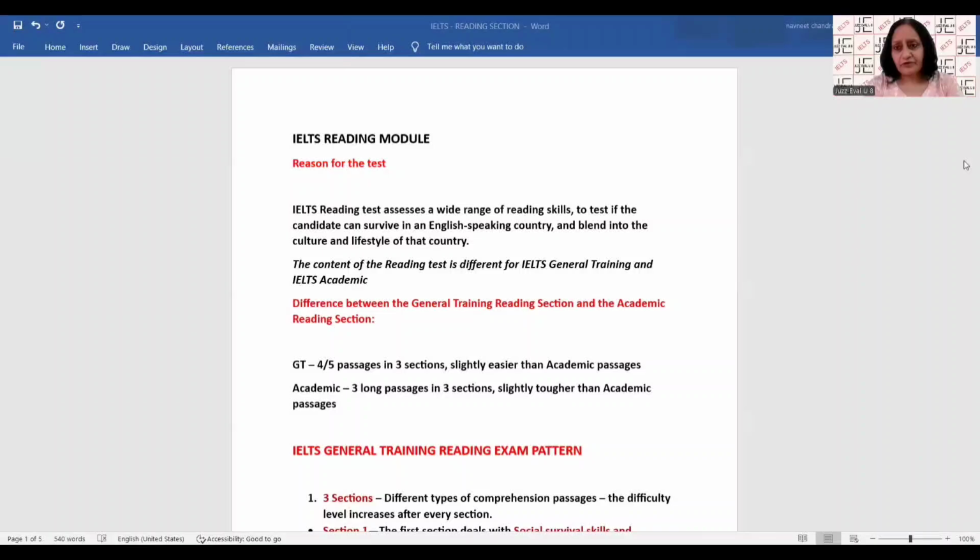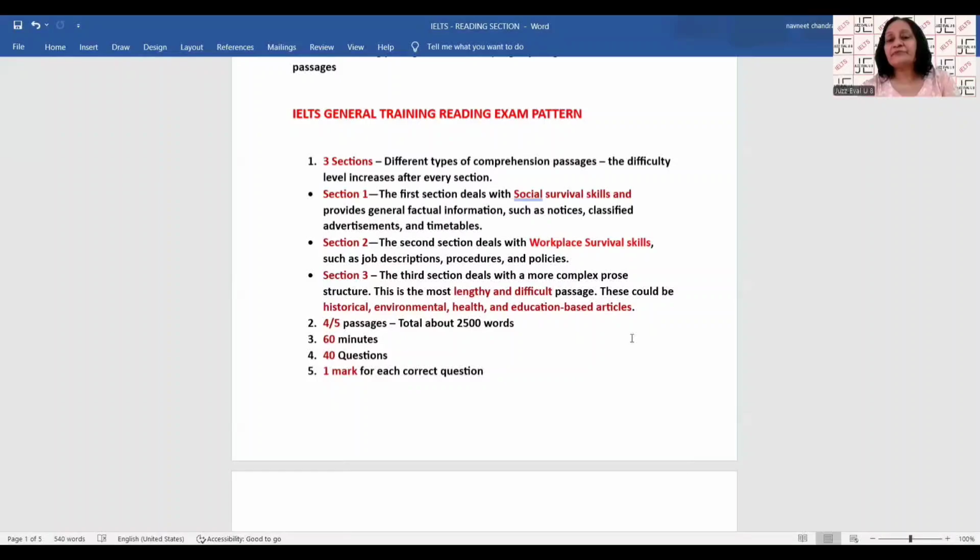Now, what does it involve? It has 3 sections. Different types of comprehension passages are there. Section 1 deals with social survival skills, basically dealing with society, what all is required to survive in a social environment.